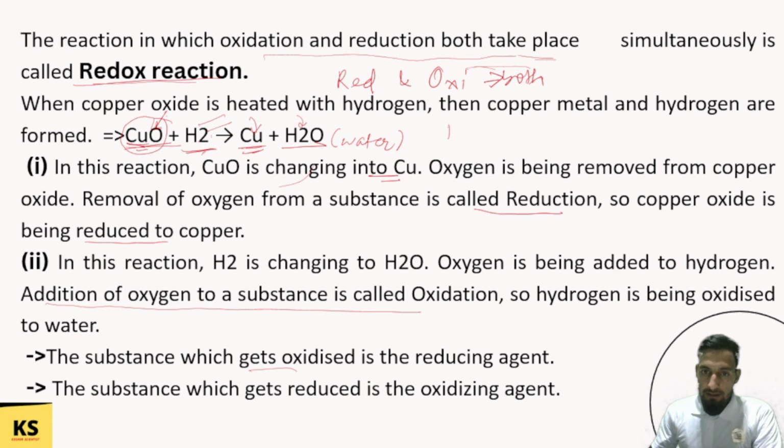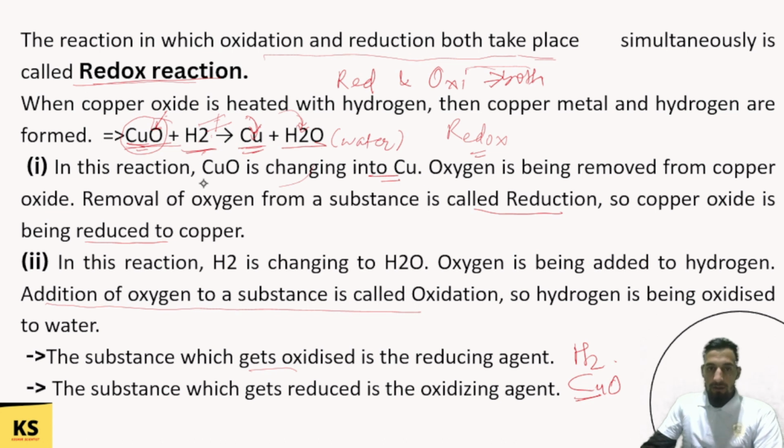So in this reaction, a redox reaction has taken place, because there is reduction as well as oxidation. H2 acts as the reducing agent because it is taking out oxygen from CuO, and CuO acts as the oxidizing agent because it is providing the oxygen for the oxidation to happen.